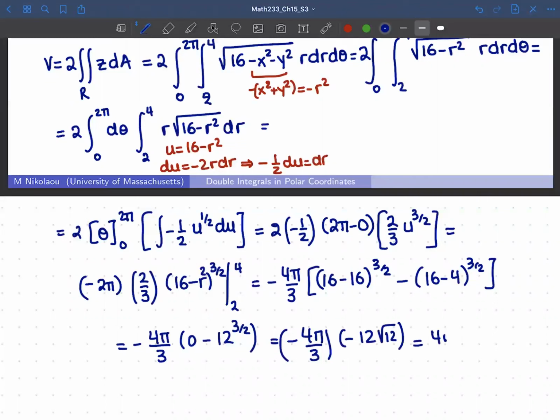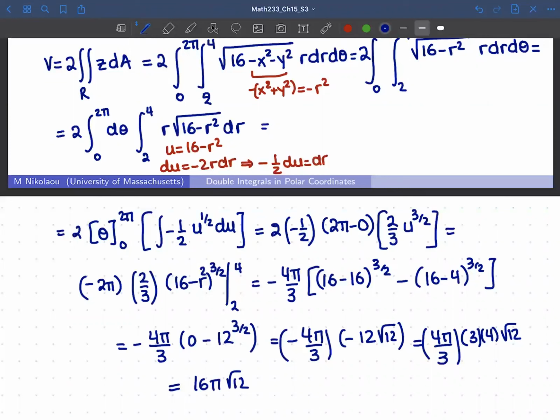The negative with a negative is positive, so 4 pi over 3, and then I have 3 times 4 times the square root of 12, which, if I simplify, gives me 16 pi square root of 12.